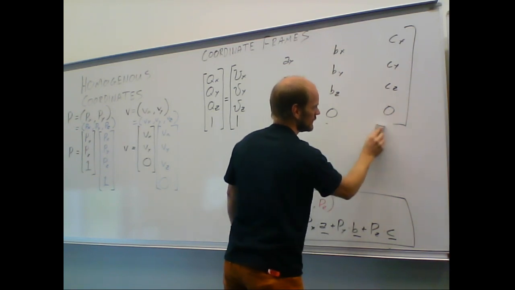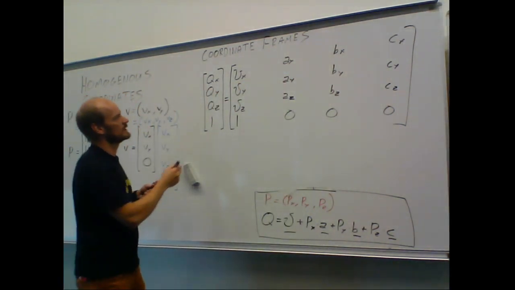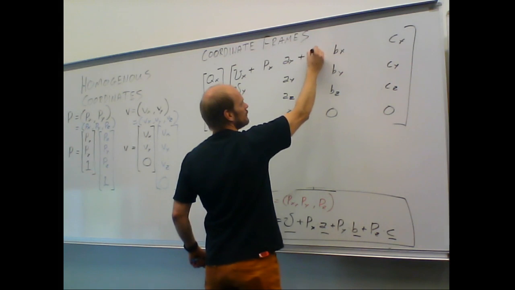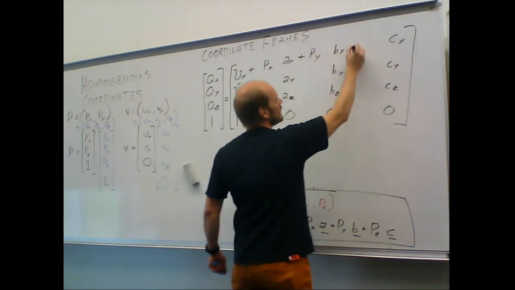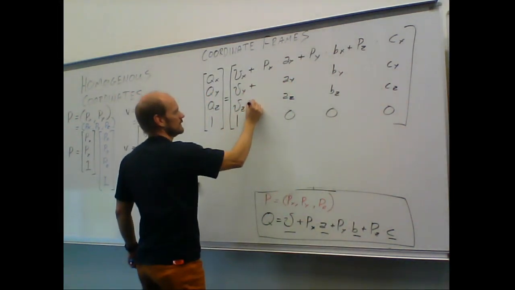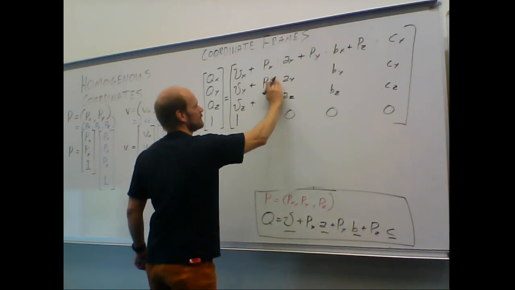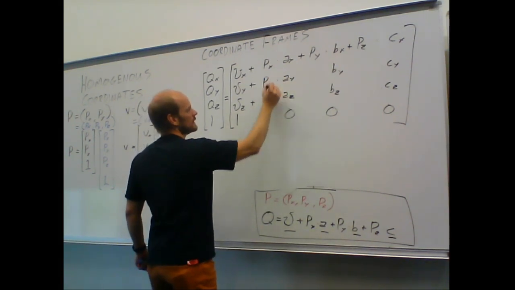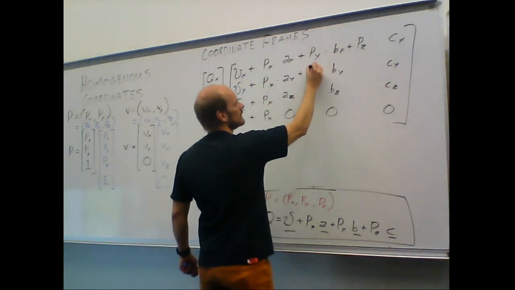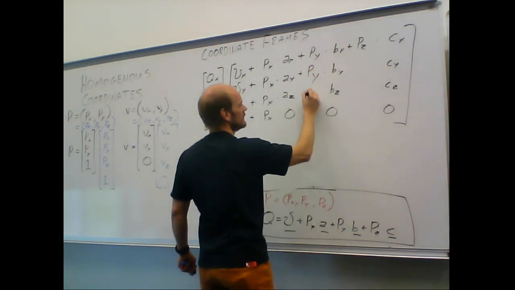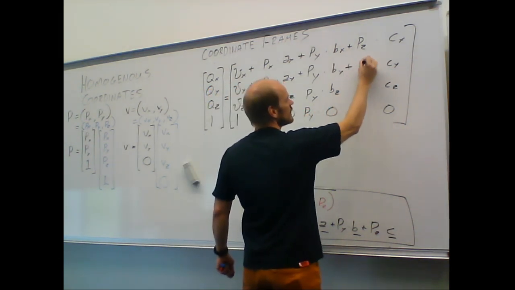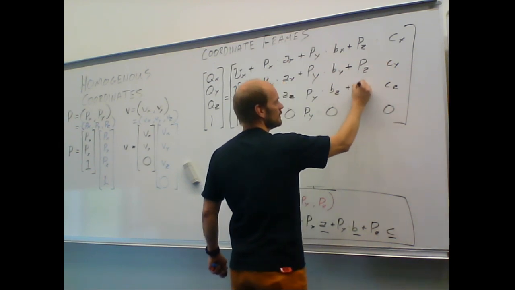So we have Bx plus Px times Ax plus Py times Bx plus Pz times Cx, and so on for each row. Can anyone see a resemblance to calculations that you've done before?